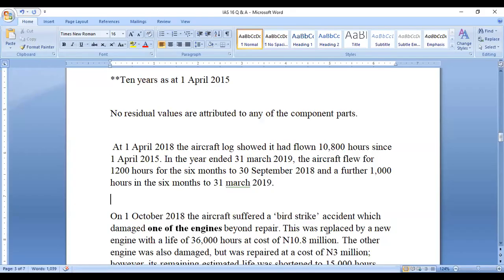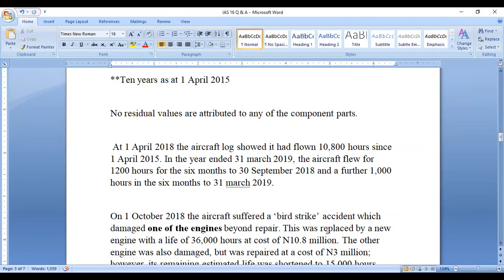On 1st October 2018, the aircraft suffered an accident which damaged one of the engines beyond repair, and it was replaced by a new engine with a life of 36,000 hours at a cost of 10.8 million.